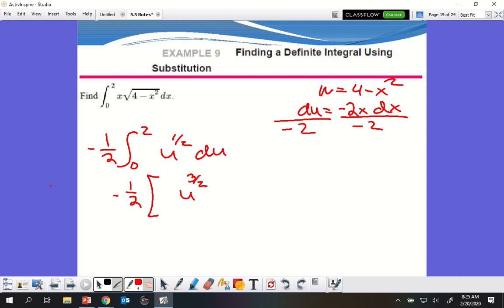And so it's going to be times 2/3. And do I put plus c? Why do I not put plus c? It's a definite integral, and it's going to be a top minus bottom, right? So I'm technically going to be adding a c and subtracting a c, but the c goes away. So, and we have from 0 to 2.